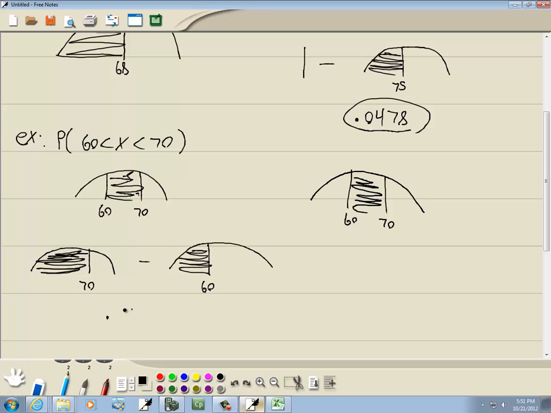So 0.49957, and rounded to four decimal places, this becomes 6, so 0.4996.